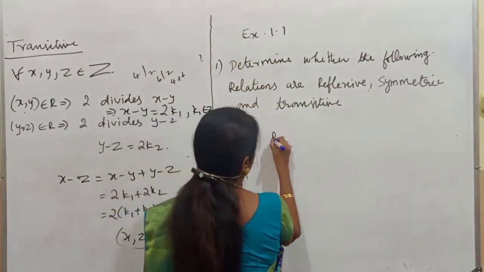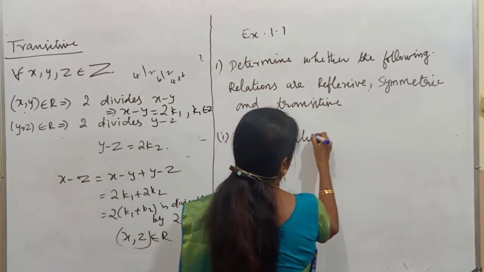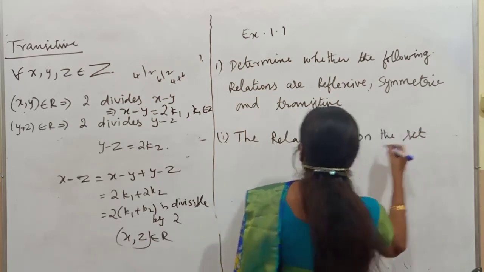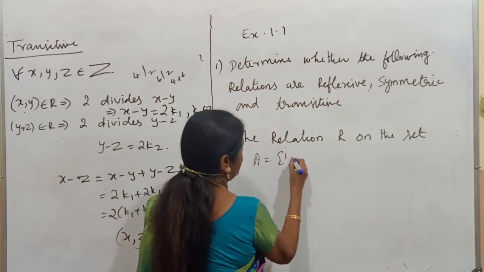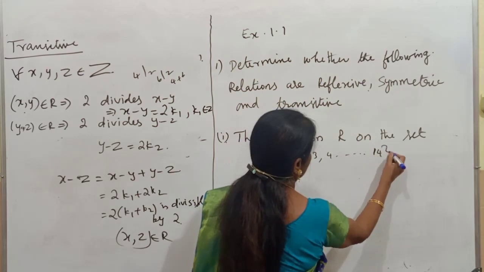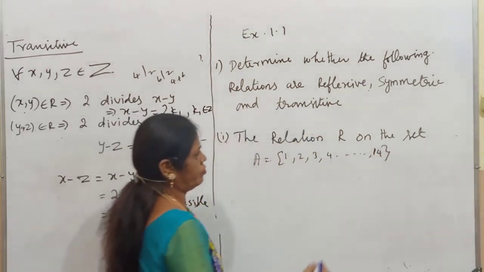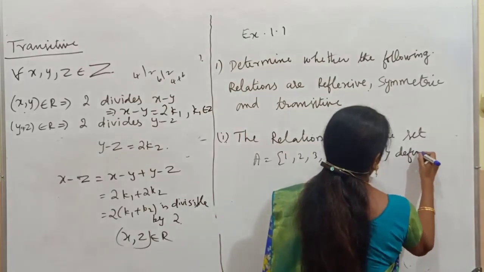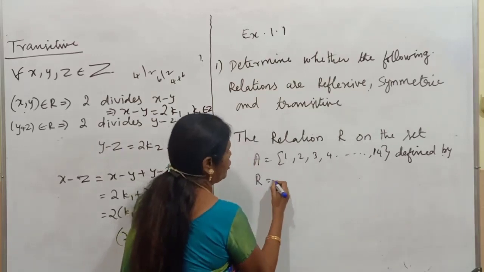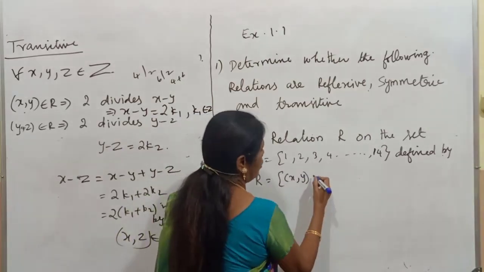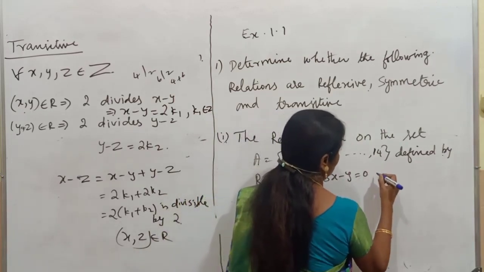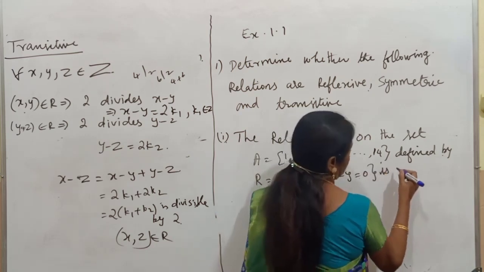the relation R on the set A, that is 1, 2, 3, etc. up to 14, defined by R equal to (x, y) such that 3x minus y equal to 0.